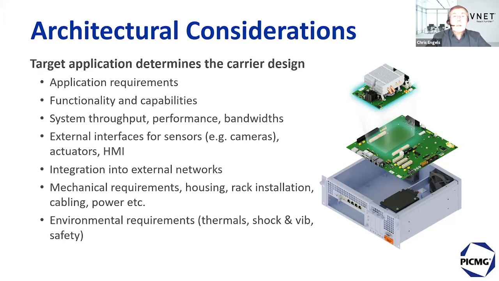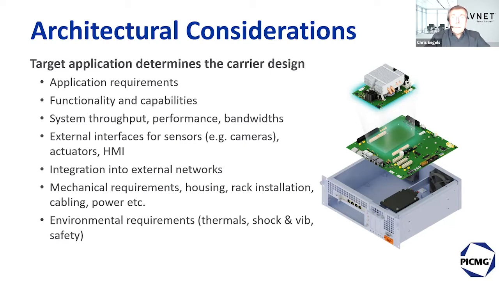Further on, mechanical requirements: housing, packaging, rack installation, cabling inside the system and outside the system, the power distribution from external. This all plays a role when you talk about the specification of your application equipment. And finally, there are environmental requirements like thermal, shock and vibration, safety requirements, and so on.